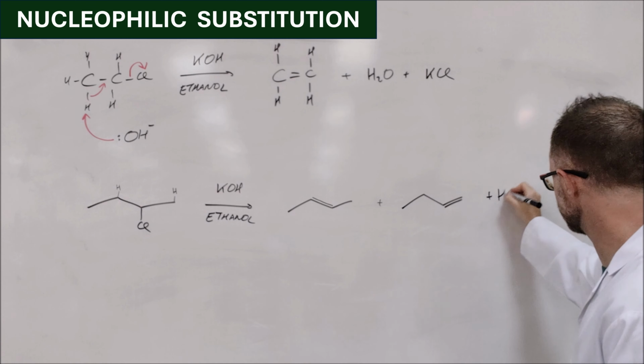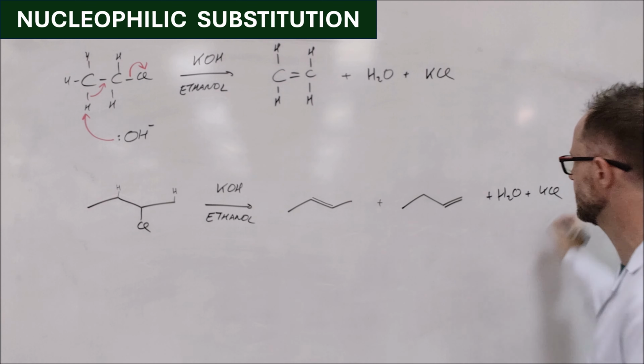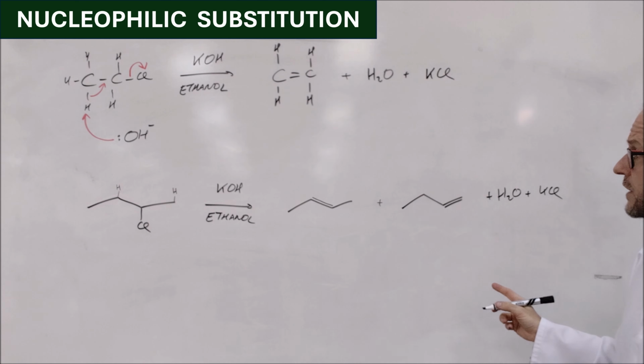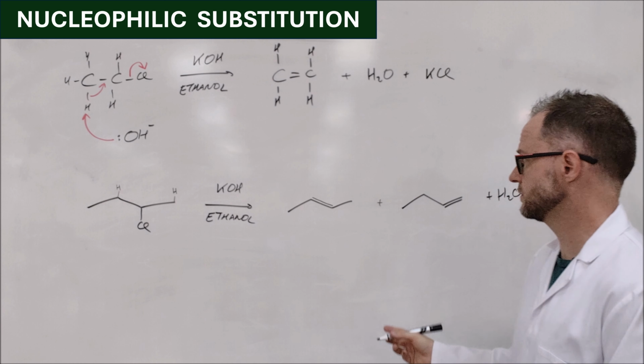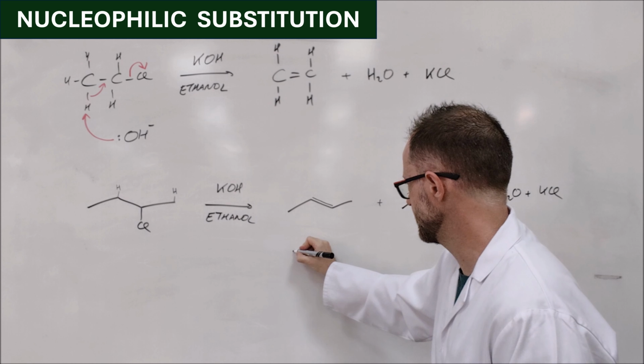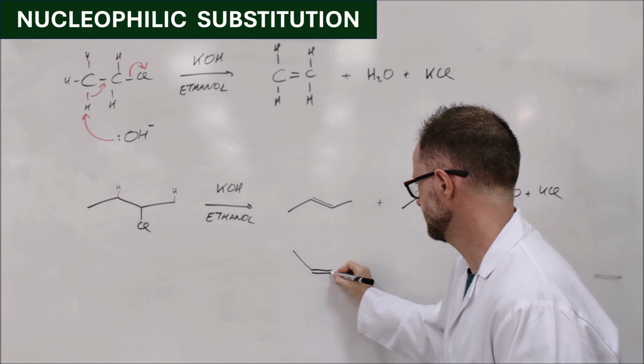Plus, obviously, the water as a byproduct, plus KCl. So we actually have 2 products in this case. You could also argue, well, we've got the trans but-2-ene. Could we also make the cis but-2-ene? And the answer would be yes. So technically, there's actually 3 different products. Be wary of that. It's AS chemistry, so they will try to ask you questions about geometric isomers wherever they can.